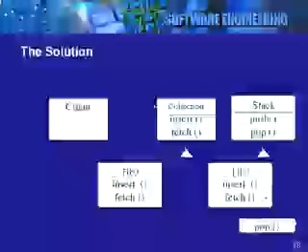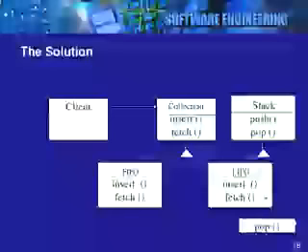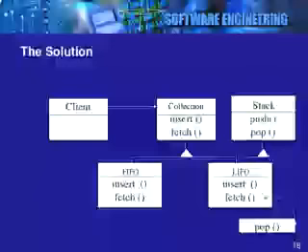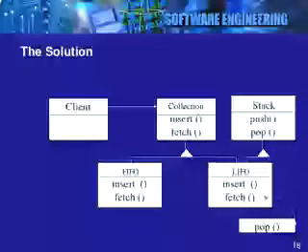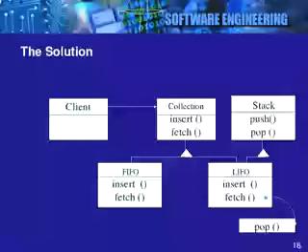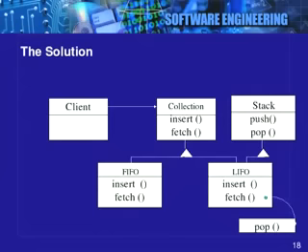Now when you are implementing LIFO, you want to use the existing class stack, but you see that it has a different interface. On stack you are calling it push and pop. Now you want to map it to insert and fetch. How do you achieve this? So you are trying to look at the intent of this pattern. We had described it earlier. You are adapting this interface push and pop to insert and fetch, because the client application here is going to use this object hierarchy through this specific interface only, that is insert and fetch.